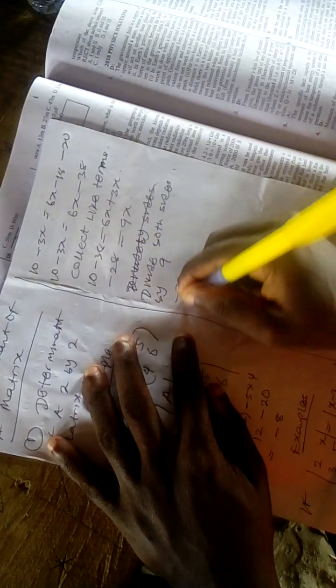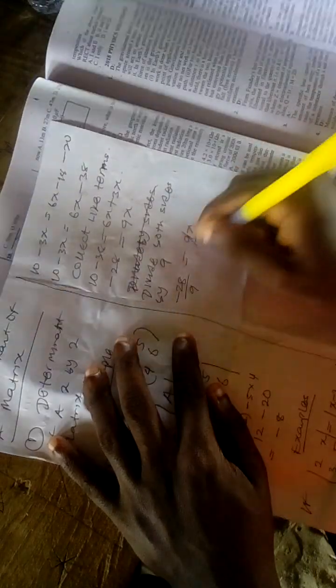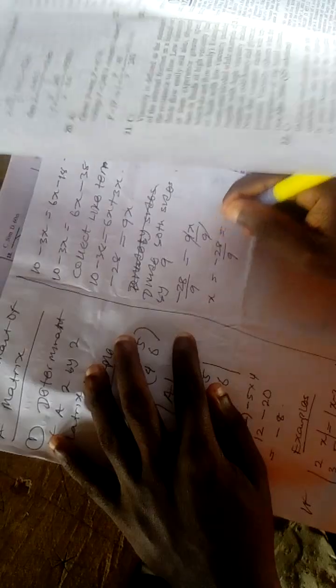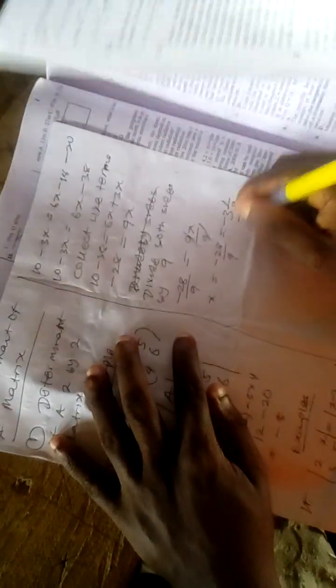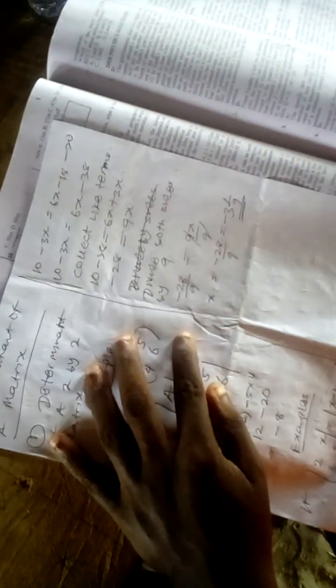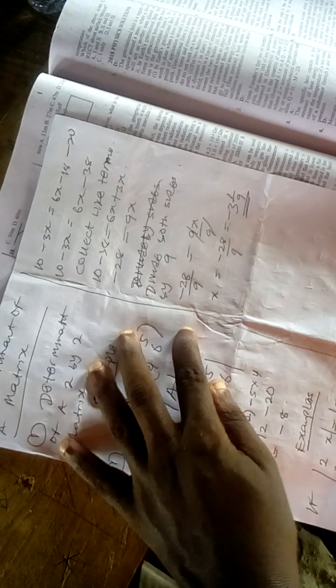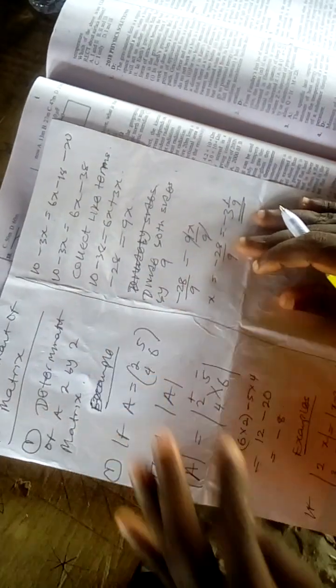So minus 28 over 9 equals 9x over 9. So cancel. x equals minus 28 over 9, which is minus 3 whole number 1 over 9. So that is the value of x.